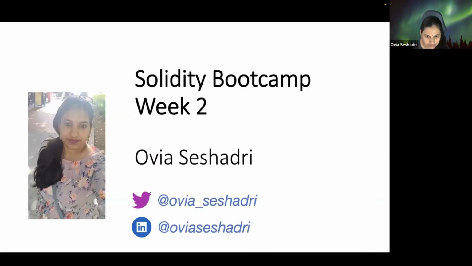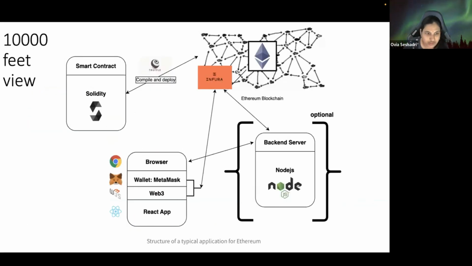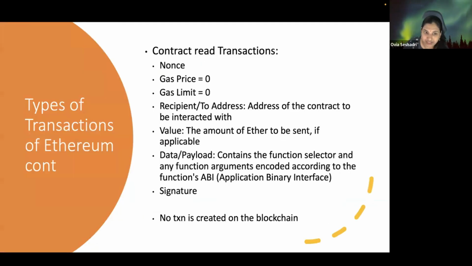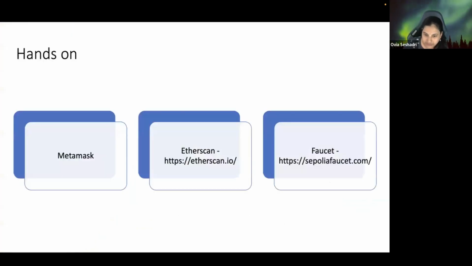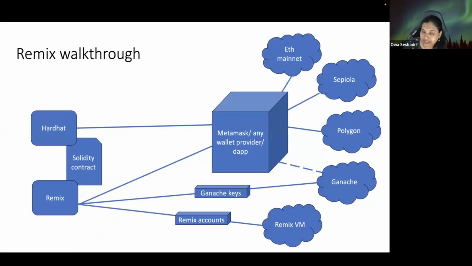In week two, we saw the types of read transactions, which are not really transactions on the chain, but we saw how the structure would be to invoke a read-only function. We saw how to create a wallet. We saw what a block explorer looks like for both the mainnet and the testnet, and we got some funds via the faucet.